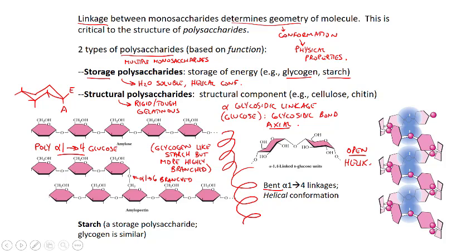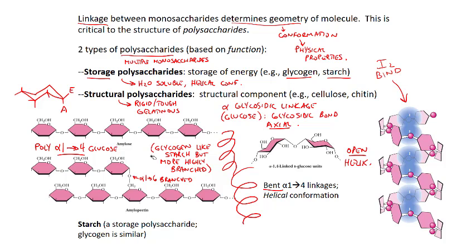It's open enough, in fact, that iodine molecules can bind inside the helix. You may have seen in some classes the starch test for identifying the presence of starch in a sample: you take a slice of a tissue or something and you drop a little bit of iodine on it, and it changes to a deep dark color. That deep color is because of the iodine binding inside of the starch helices. Because it's open and water soluble like this, we have a kind of spongy molecule that is used to store glucose.